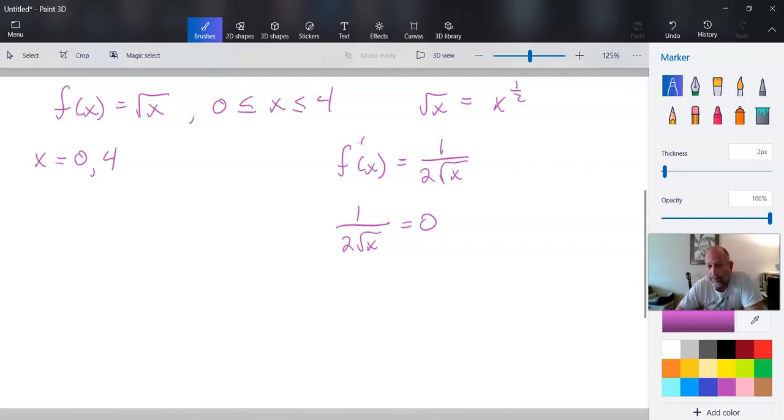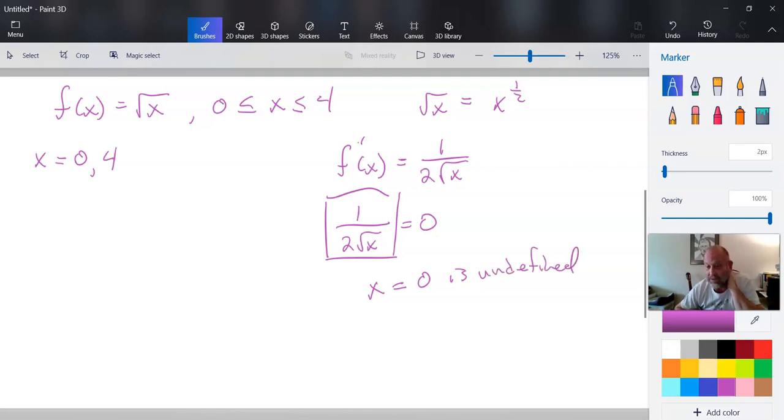You notice we have a problem here. This is never equal to 0, ever. However, if you look at this, this does have one value that's undefined, right? And x equals 0 is undefined.